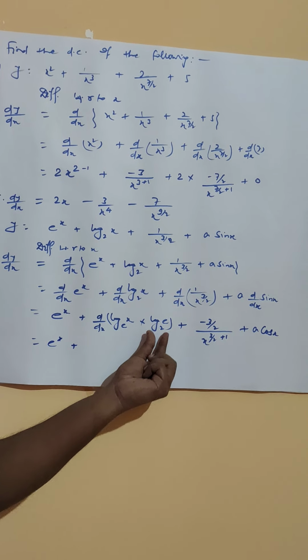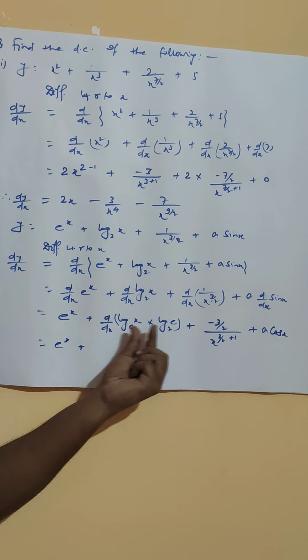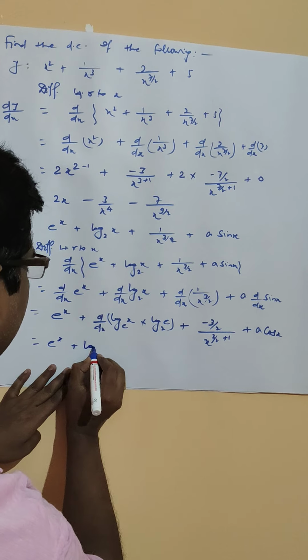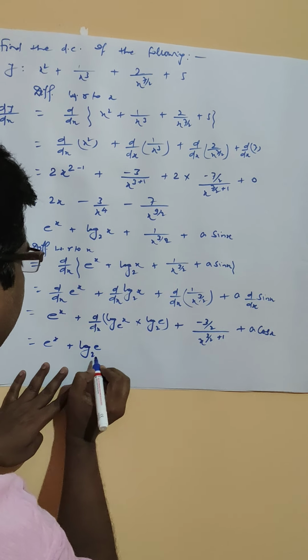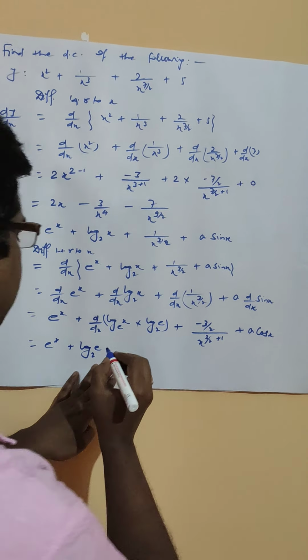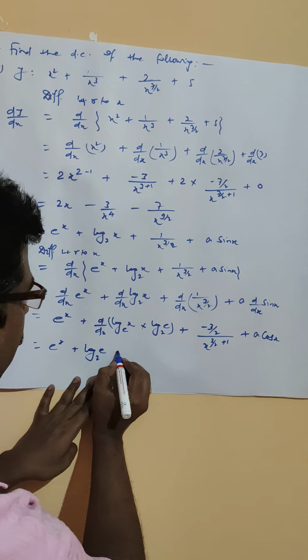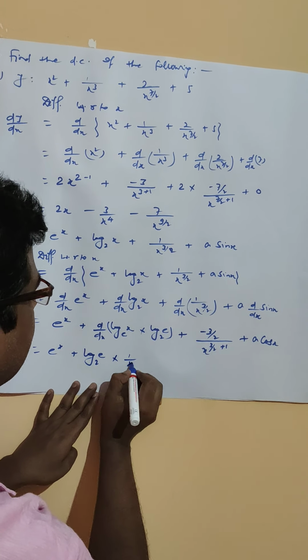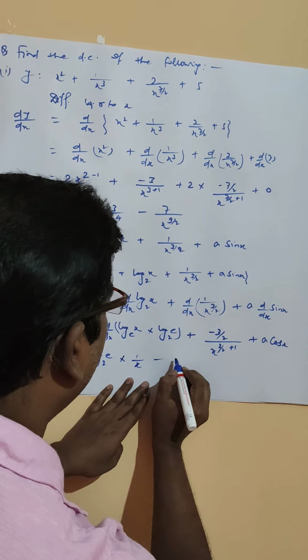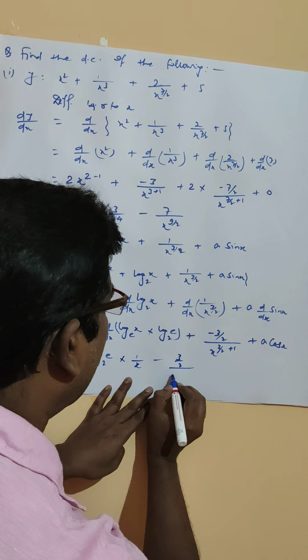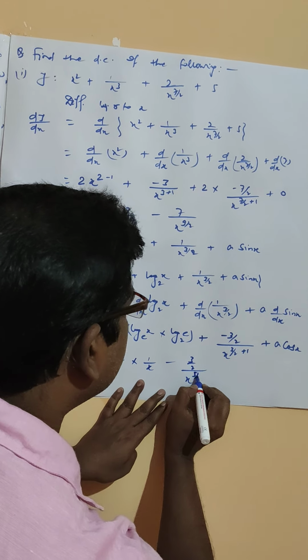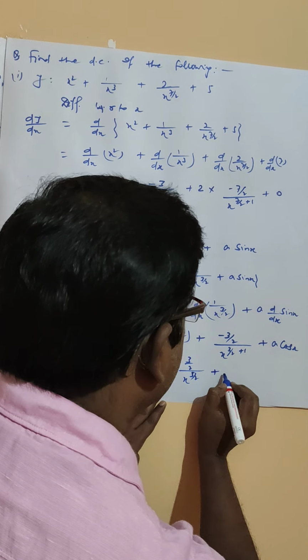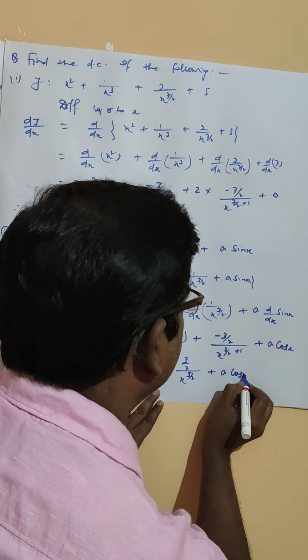Now log e base 2, this term is a constant, so we can take log e base 2 outside of the derivative, and the derivative of log x is 1 by x. Then minus 3 by 2 x raised to 5 by 2, plus a cos x.